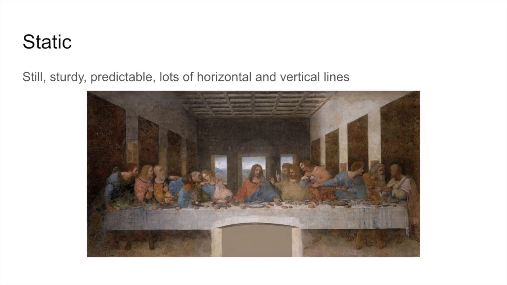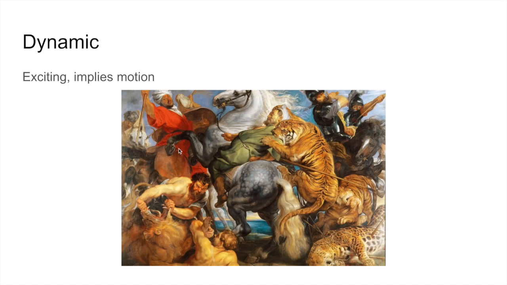Static. Static is a picture that has a lot of horizontal and vertical lines in it. So it's very predictable, very stable. The opposite of static would be dynamic. Dynamic is a picture that implies motion, excitement, energy.